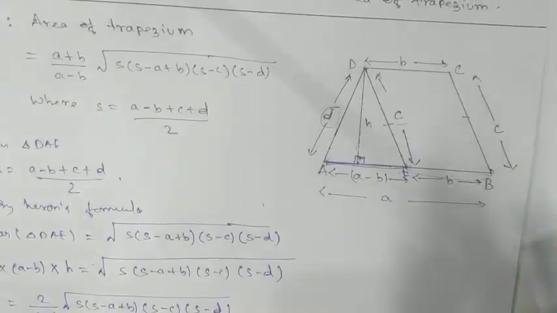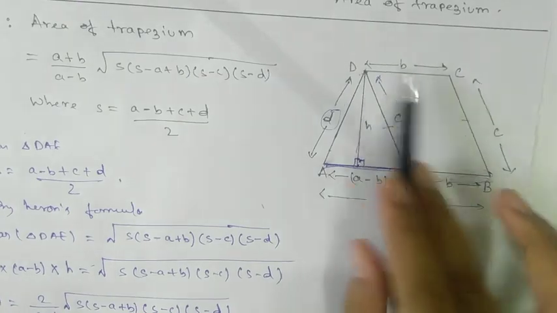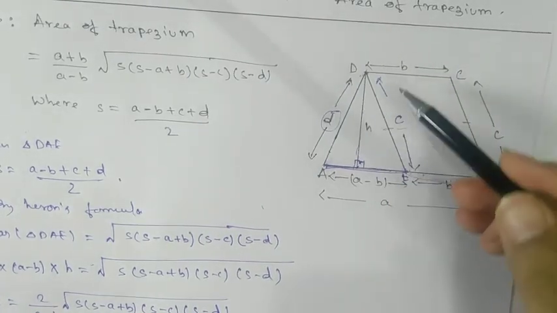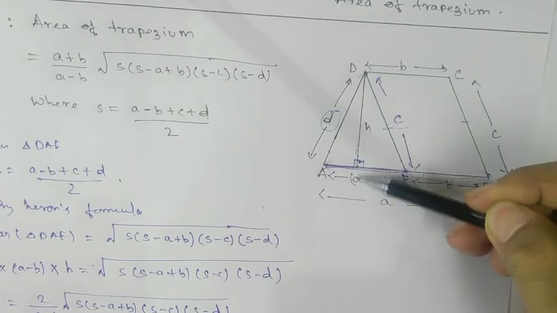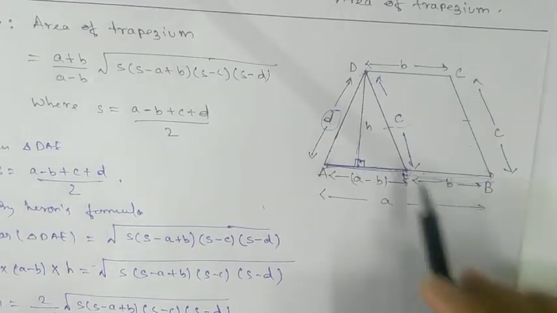So here you can see that this is your sum of parallel sides, meaning AB and DC are your parallel sides, and the distance between them is your height, the distance between these two parallel sides.